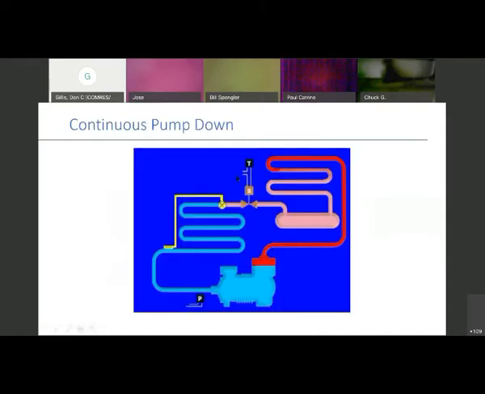This is what we call a continuous pump down, seen more on the commercial side, on the supermarkets and what have you. You wouldn't see this in residential. The way this works is we have a thermostat up here, and a normally closed solenoid valve here, identified by the S. We've got the box temperature, let's say at 35, just for the sake of not arguing, and it hits 36.